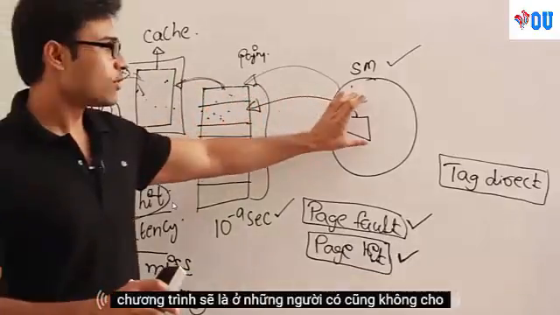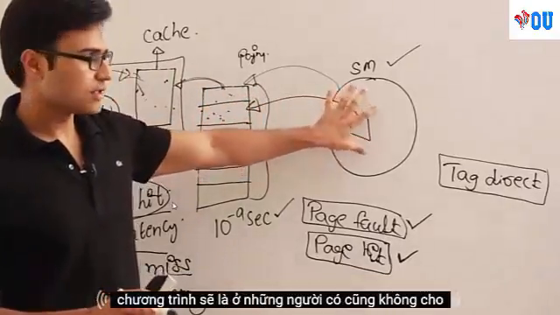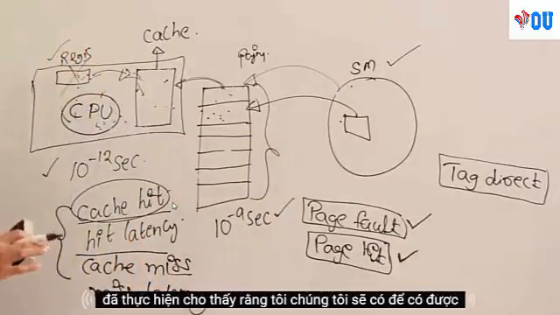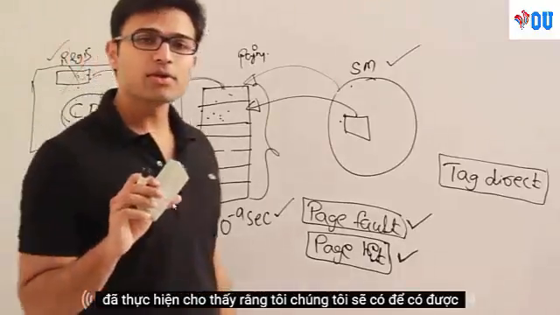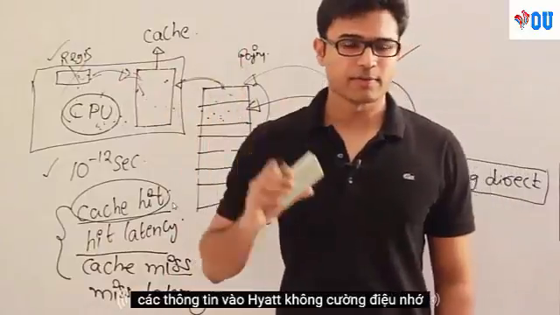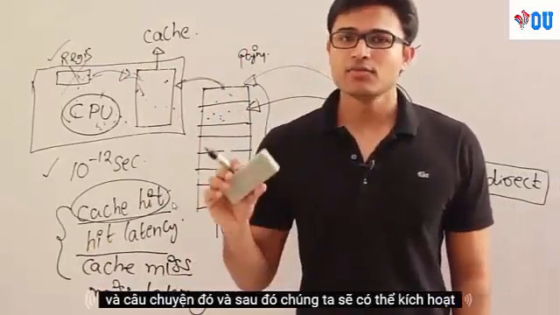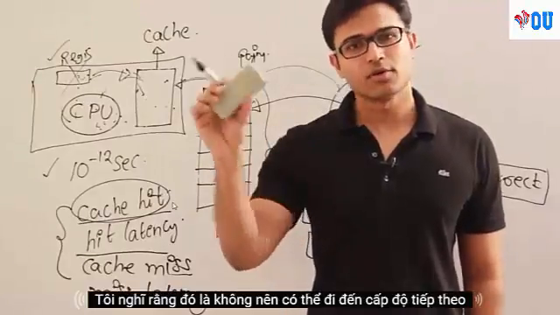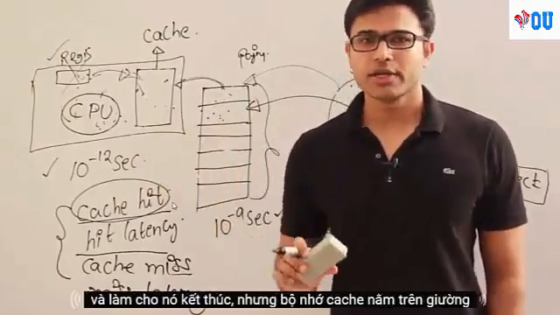In case it is a miss here, then your program is going to be as slow as the secondary memory. Got it? So finally our aim is to get the information into the highest speed memory and store it there, and then we should be able to access it, and in case it is not there, we should be able to go to the next level and get it.